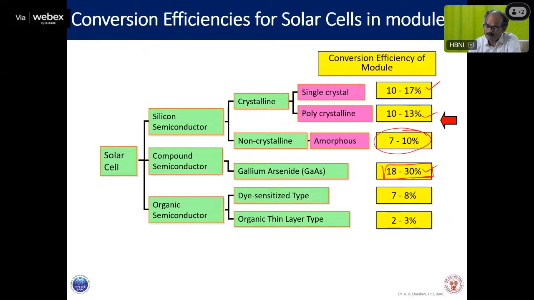DSSCs are not very stable for a very long time, but whatever is available can give the best 7 to 8%, and this is 2 to 3% only. And the life is also short, you will buy and they will not work for a longer time.